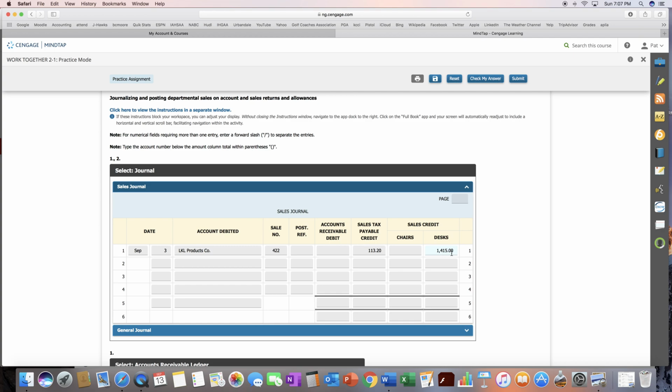If you multiply 1,415 times 8%, you get the sales tax, and then we will bill this company for the total amount. We need to get them to pay us the total amount. We need to pay the government this amount, and then this covers our cost for the chair. Okay, so that is the first transaction.